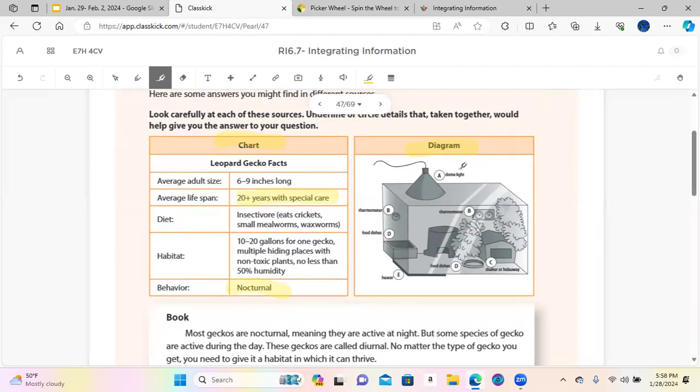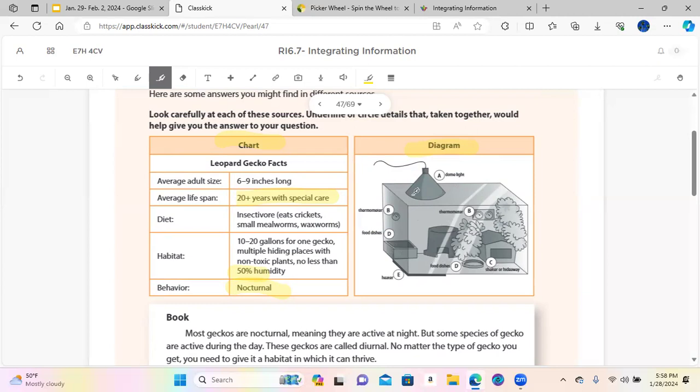All right, and then this diagram shows the habitat where this pet would live. This habitat would need to have a specific temperature, 50 degrees humidity. So there's a thermometer. You need food dishes. You need shelter or hideaway for this gecko.